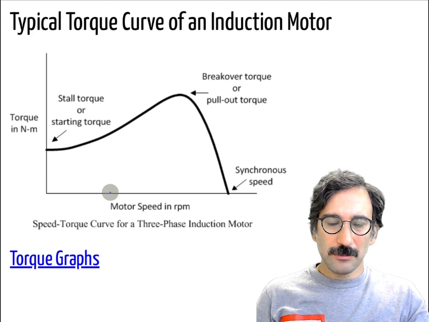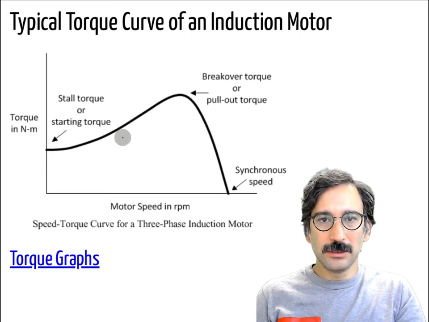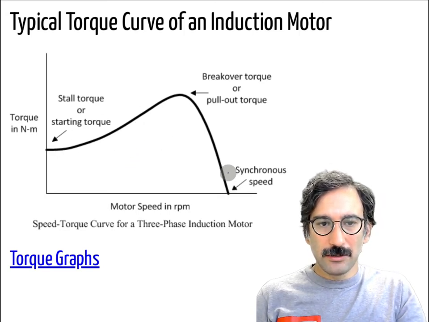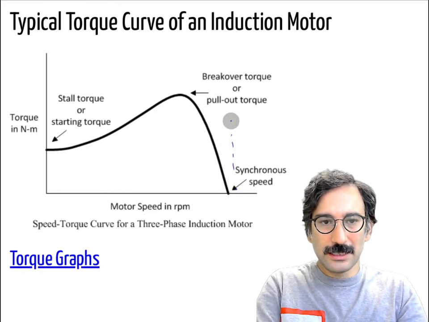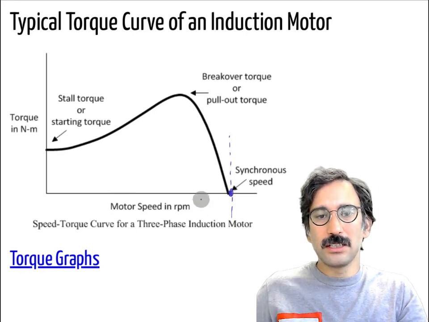Before continuing, I would like to make a quick review of the typical torque-speed curve of an induction motor. Here we have the synchronous speed, and the induction motor cannot generate any torque at synchronous speed.